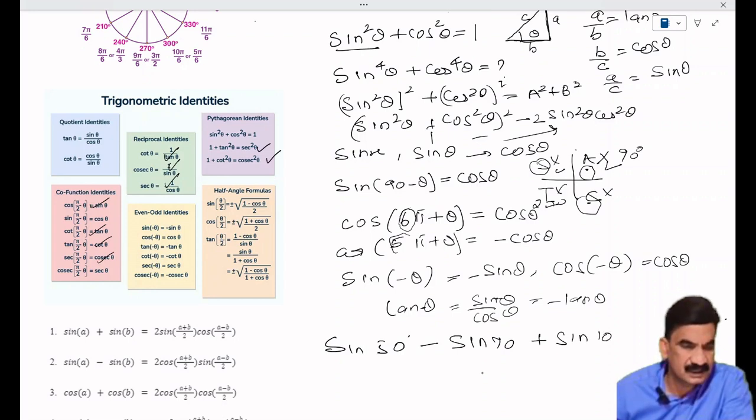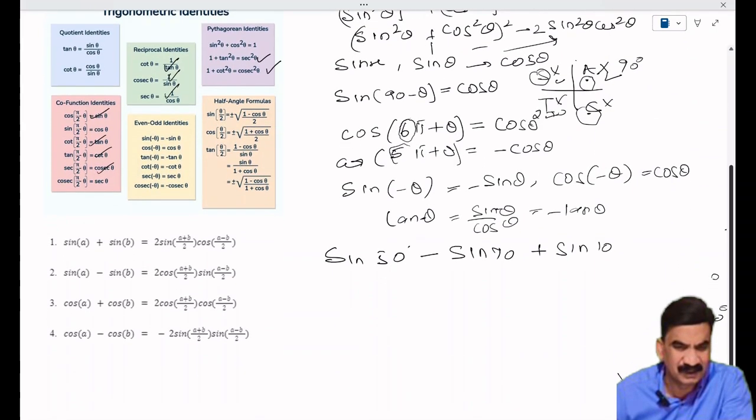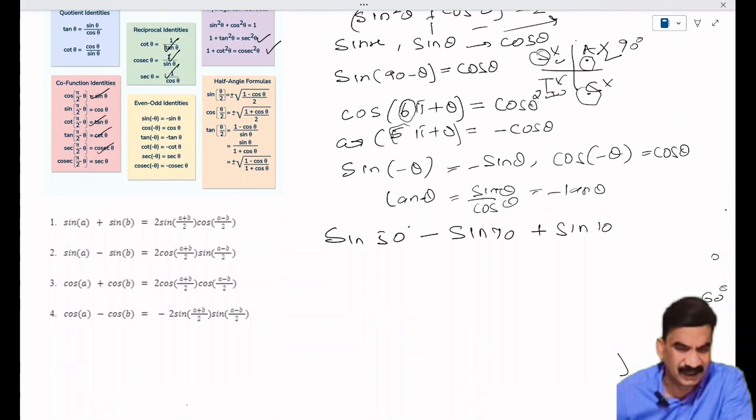The table that we know has values that you can remember, in the range of 0 to 90, and you don't get 50 and 70 in the table.